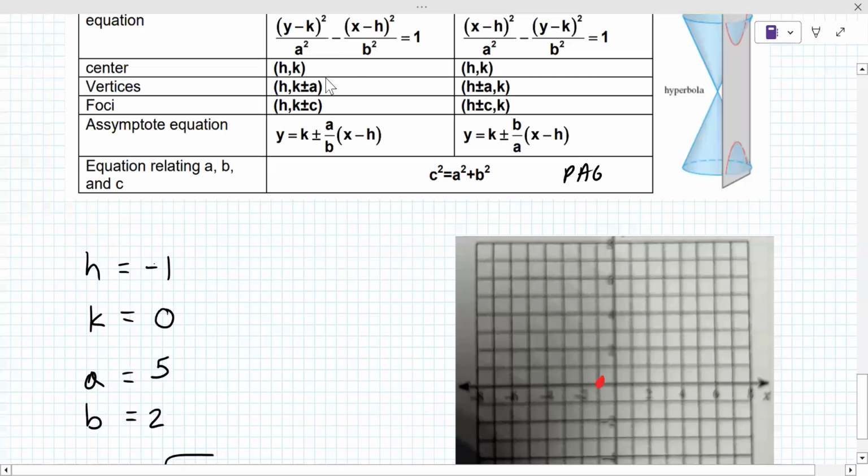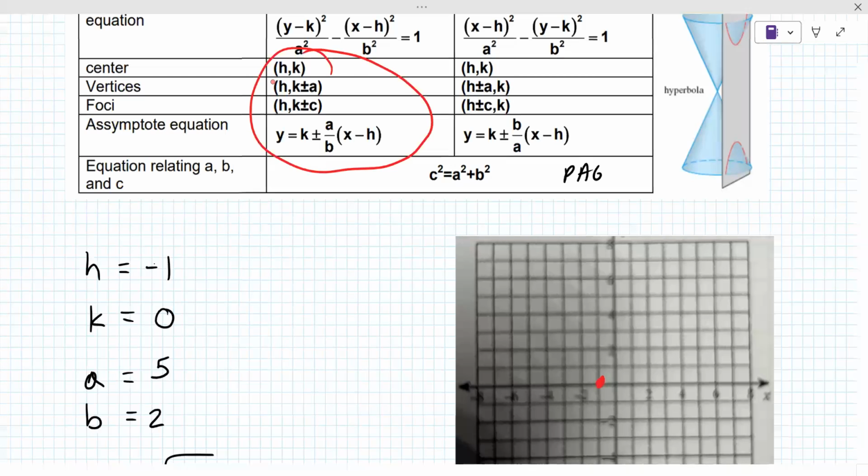So you're in this part here. Your vertices are at, let me write that, -1 comma k plus minus a. So 0 plus minus 5. So that's -1, 5 and -1, -5.